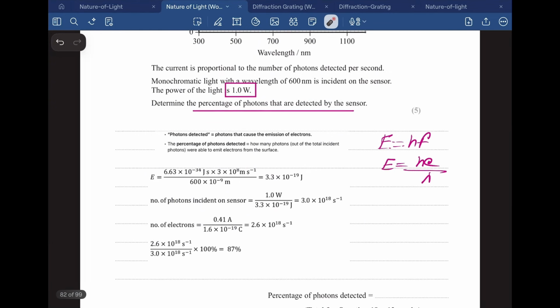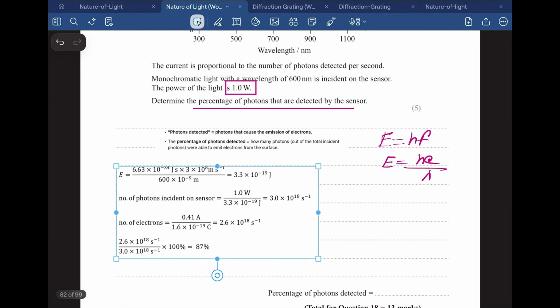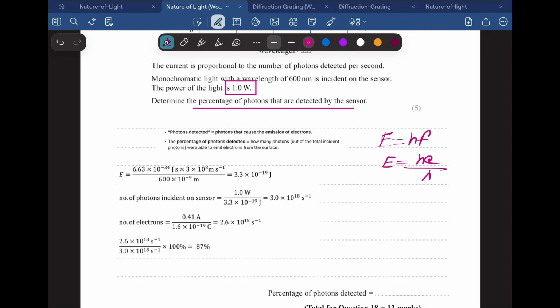Now, as we have the energy of one photon, our next step is this: we know that power is equal to energy divided by the time taken.